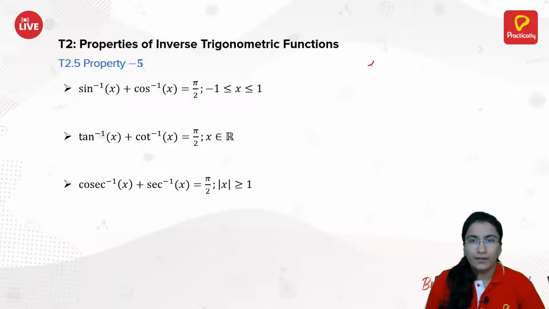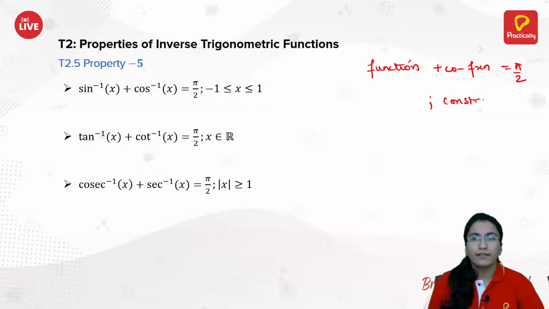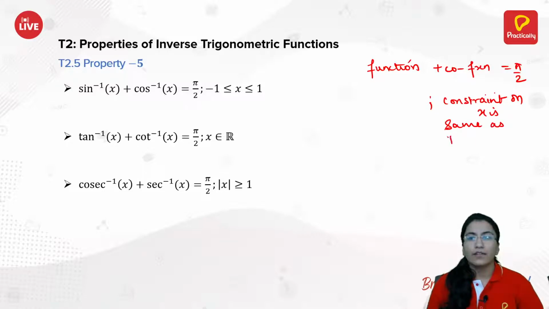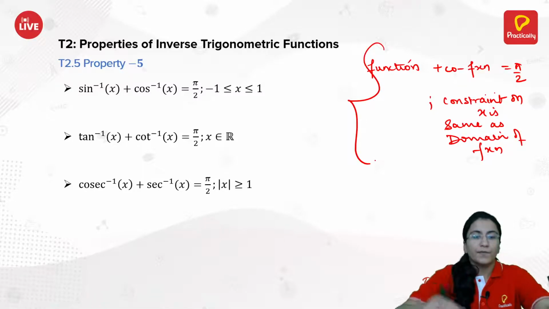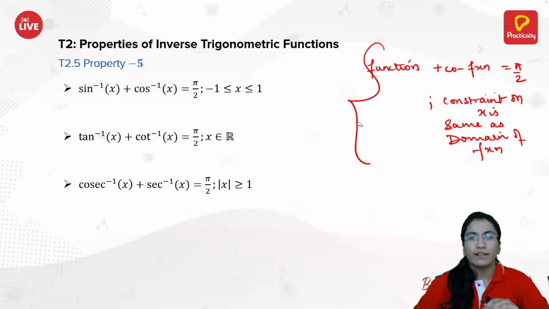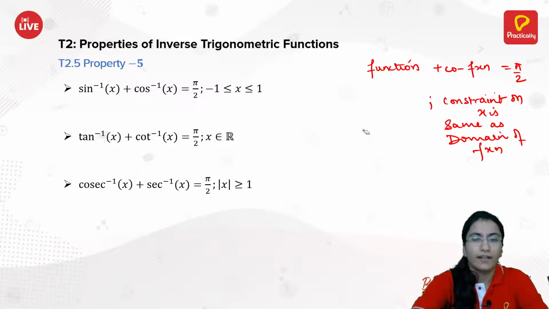Function plus cofunction gives pi by 2, and the constraint on x is the same as the domain of the function. Just remember this, and you can write all three properly.